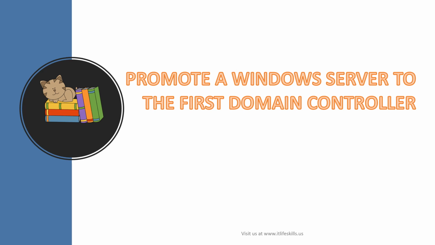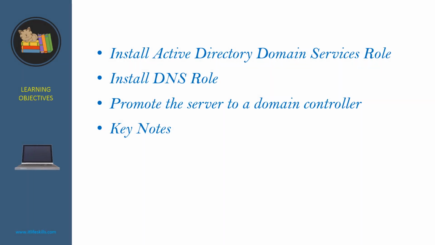In this lesson, we will learn how to promote a Windows server to the first domain controller in a forest. Promoting a server to a domain controller is a two-step process. First, we need to install the Active Directory Domain Services role along with the DNS role.